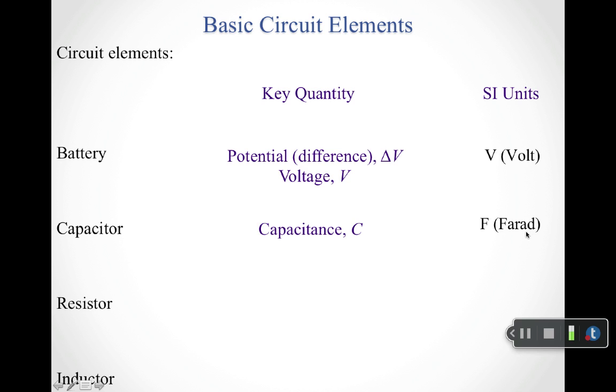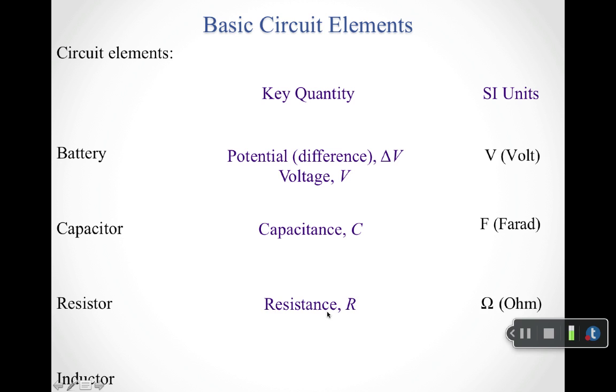That'll be big C, and it's going to be measured in farads. With capacitance, much like our values for charge, we're never going to run into, at least not in the real world, something that has 1 farad. These tend to be microfarads, nanofarads, picofarads, very small numbers.